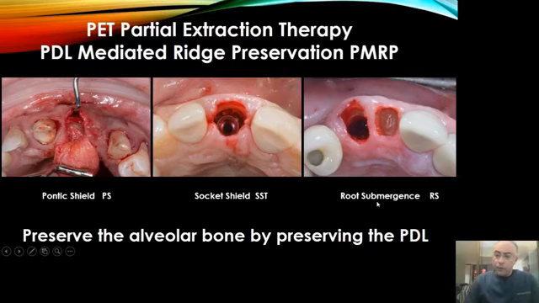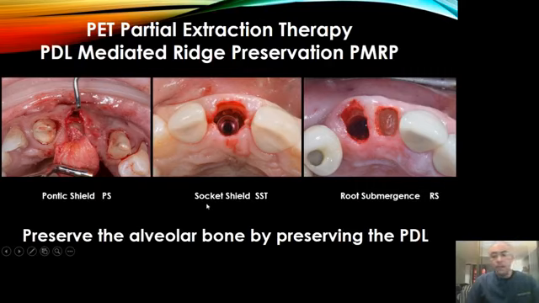We already know the root submergence technique, which was described a long time ago, submerging a root just to preserve the alveolar ridge, even before implant dentistry, under bridges. The Pontic shield is another technique to preserve part of the tooth underneath the Pontic just to preserve the bone.